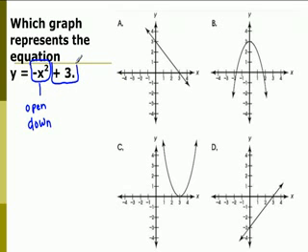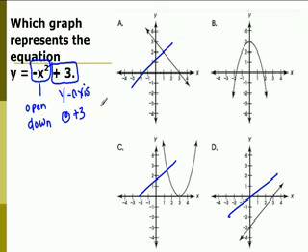And our plus 3 tells us the y-axis is at 0, 3. So we know it's going to open down. So that leaves out that one, and that one. And we know the vertex is going to be at plus 3. So this is plus 3, and it opens down. So it has to be B.